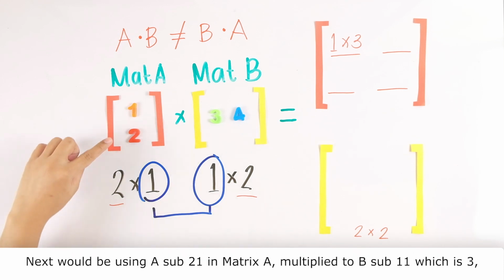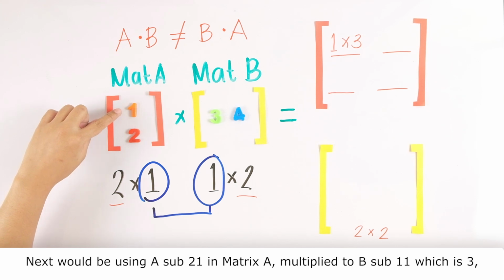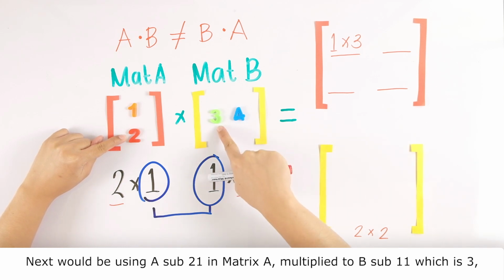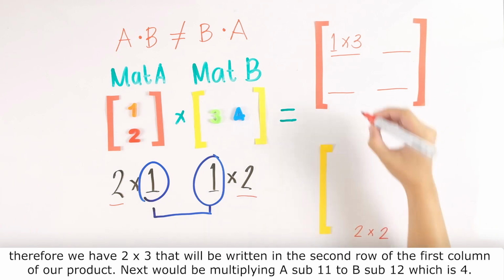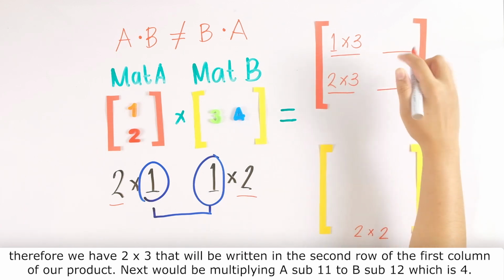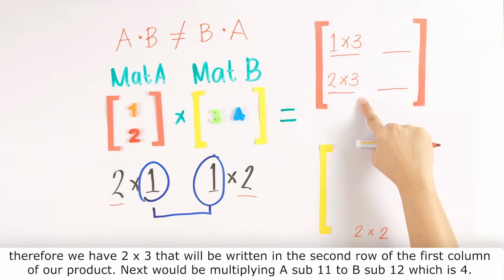Next would be using A sub 2,1 in matrix A multiplied to B sub 1,1, which is 3. Therefore, we have 2 times 3 that will be written in the second row of the first column of our product.